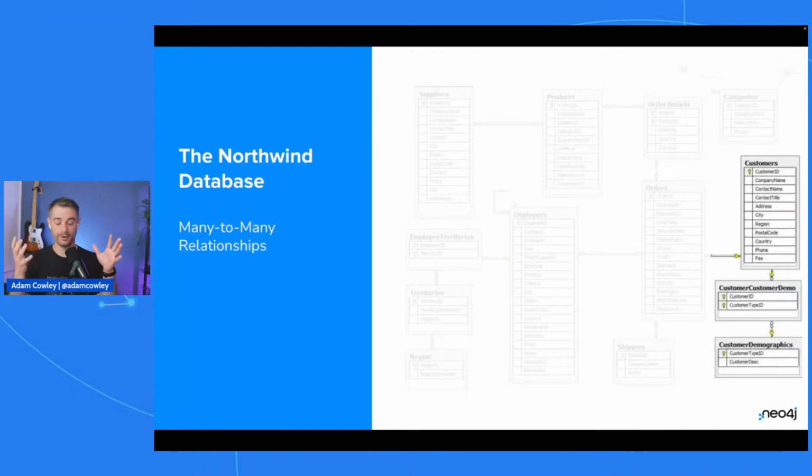I'm guilty of doing this as well. Sometimes you mash the two table names together. So in this case, a customer may appear in more than one demographic, and a demographic will have more than one customer. So it's a customer demo table, and that's fine.